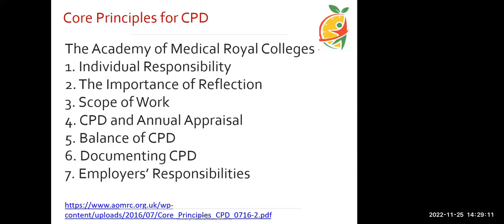Now, the Academy of Medical Royal Colleges suggests some core principles for what CPD should be. It should be an individual's responsibility. You and I are responsible for ensuring that we are improving on our knowledge. We cannot continue to see our patients with the same information that we had when we were training, because information changes.